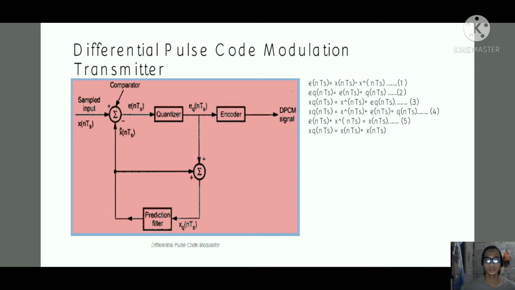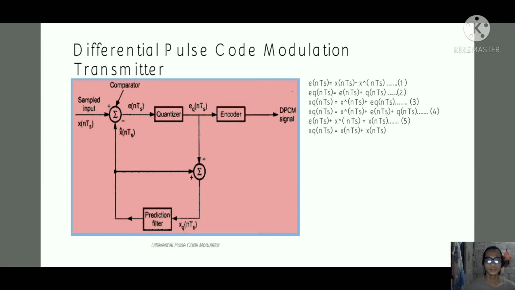The comparator finds the difference between the actual sample value x of nTs and the predicted value x-hat of nTs. This is called the signal error and it is denoted as e of nTs. e of nTs is equal to x of nTs minus x-hat of nTs, equation 1.